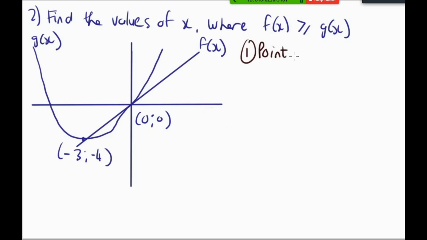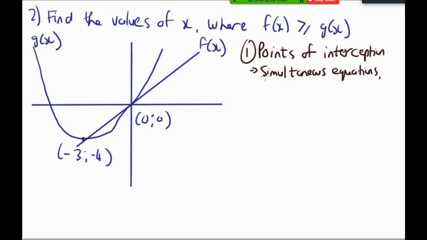Now in this particular example, I've given you the points of interception. If you don't have the points of interception, remember you have to use simultaneous equations. You only do that if the points are not given, or you can't find another way to find the points of interception.